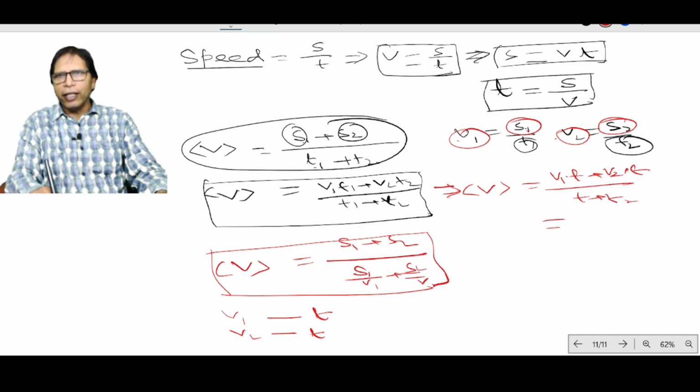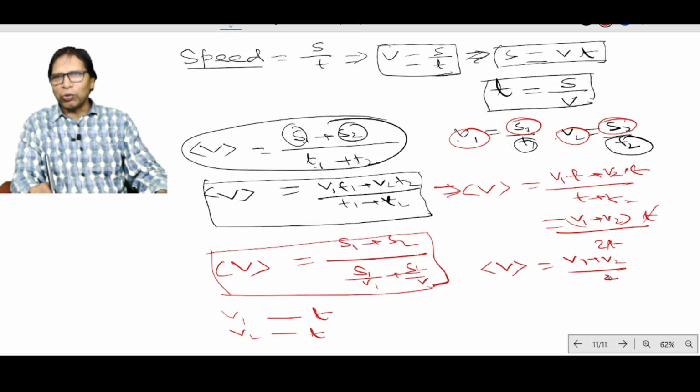So v1 plus v2 into t divided by t plus t, so this is 2t. Okay, no problem. Here t and t cancel out, so average speed in equal time is v1 plus v2 by 2. Okay, this is a very important relation for you.